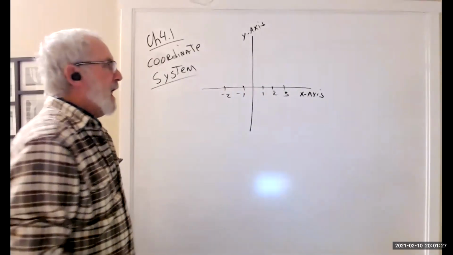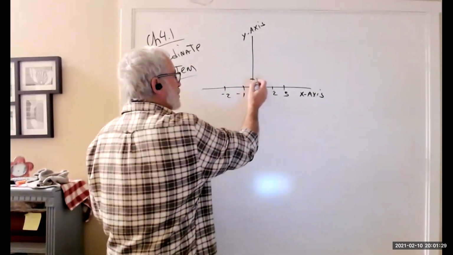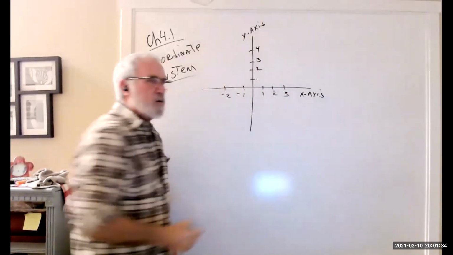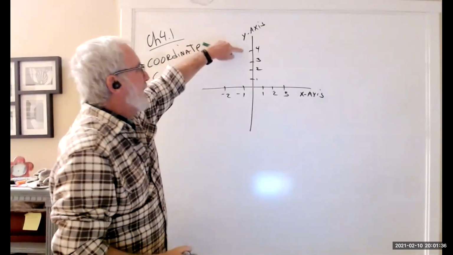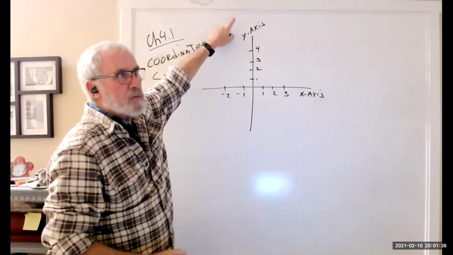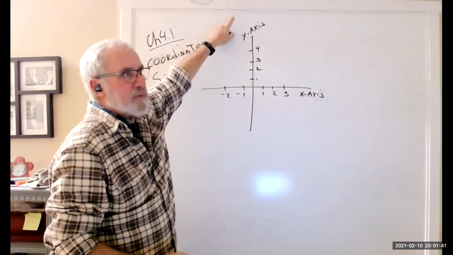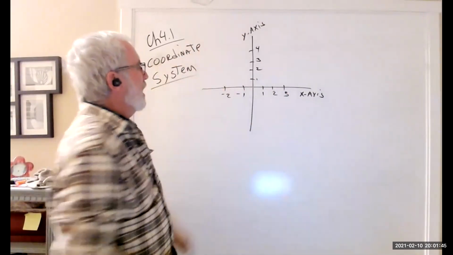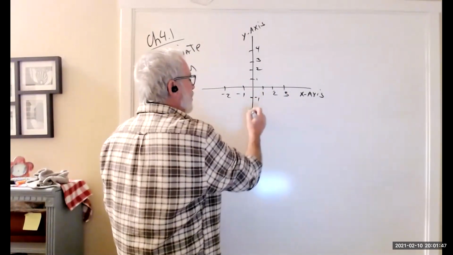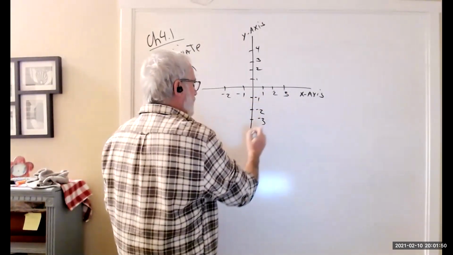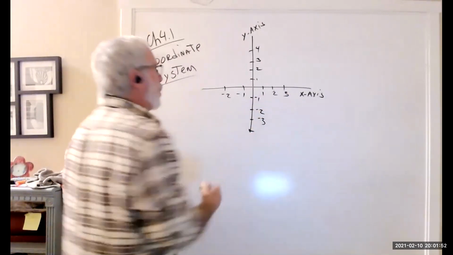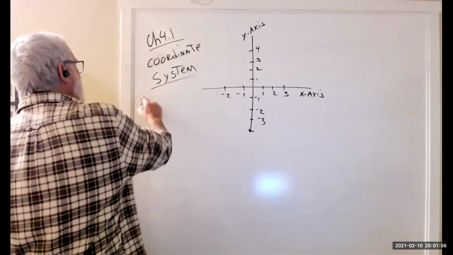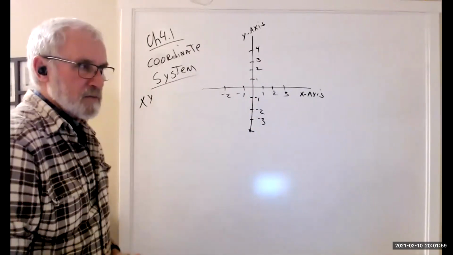On the y-axis, again, this is 1, 2, 3, 4, and it goes up forever. And just because my graph doesn't go up, it does. If I said graph 5, it's there. And down here, these are -1, -2, -3, and so on. So this is called the coordinate system. Some people call it the XY coordinate system. Okay, whatever.